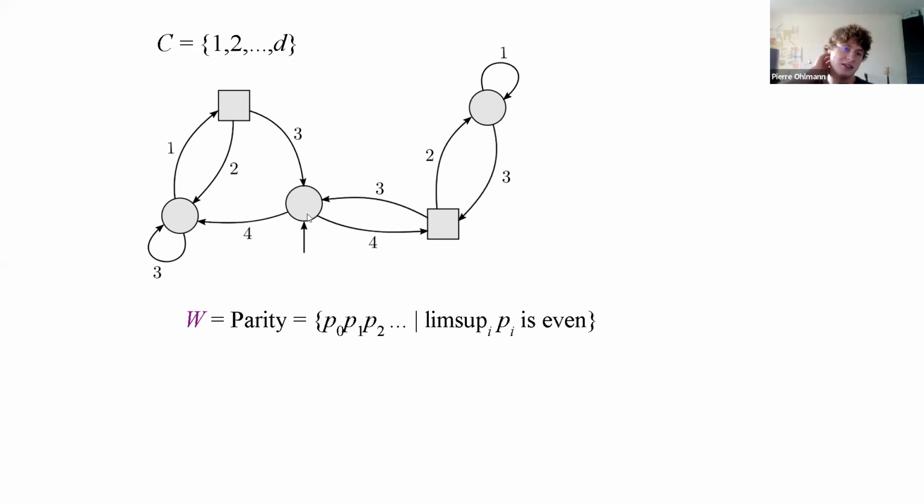So let's look at this game here. So we start there. And let's assume for a second that we choose to go to the right. Then the opponent can choose to go up and would always choose to go up. And then whatever we do, we can either an infinite number of times go down there, but then we would see 3 infinitely often, which is bad because it's odd.